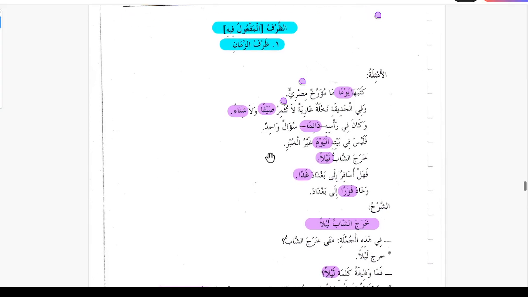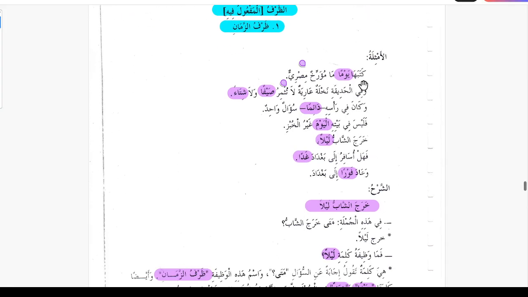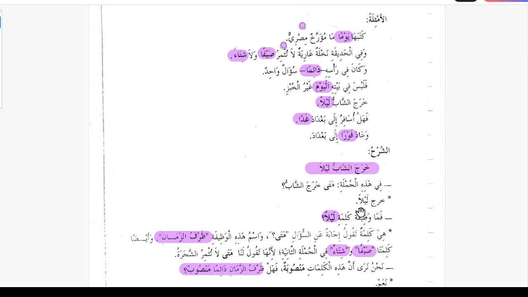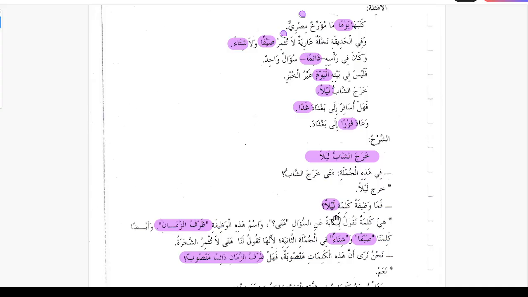Now we go through the detail of one of these examples, which the writer is taking: "Kharaja ash-shabu laylan", the young man left in the night. "Fi hadhihi al-jumlati", in this sentence, "mata kharaja ash-shabu", when did the young man leave? He left in the night. "Fama wazifatu kalimati laylan", so what is the function of the word laylan?